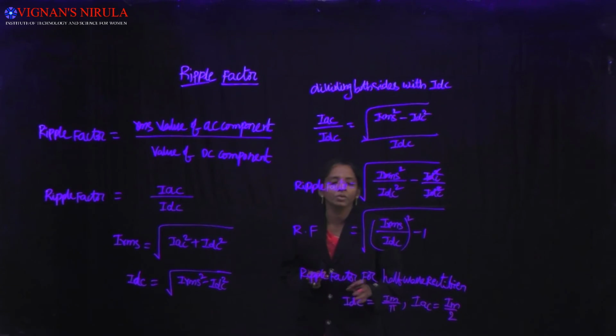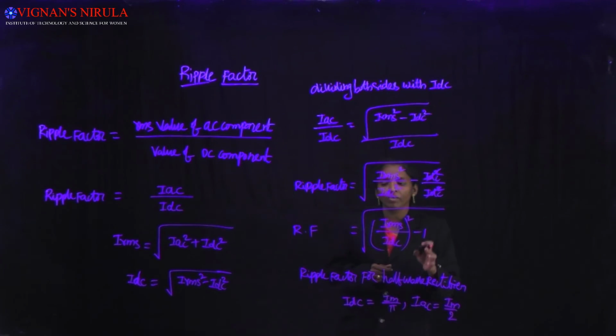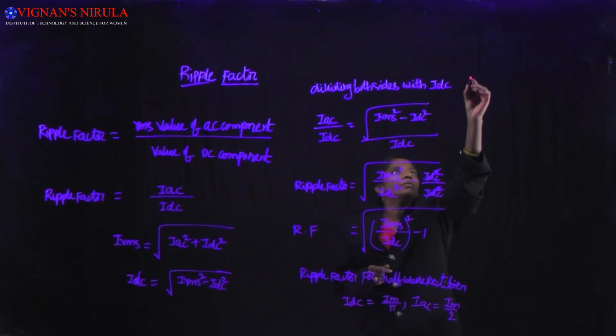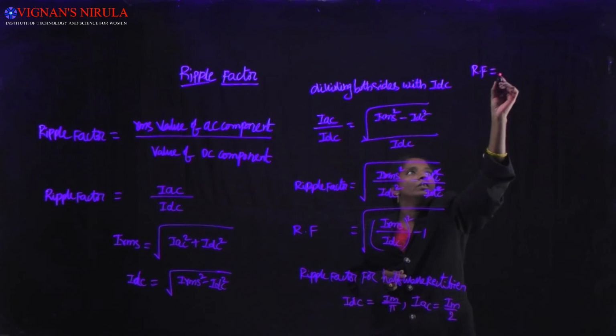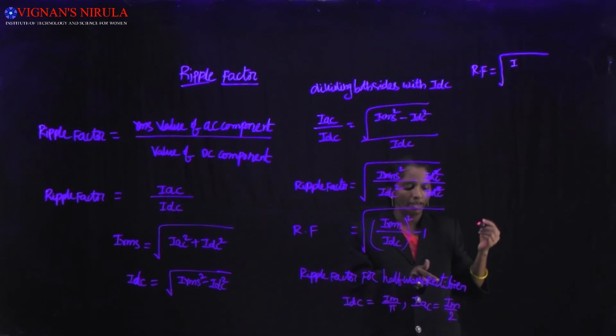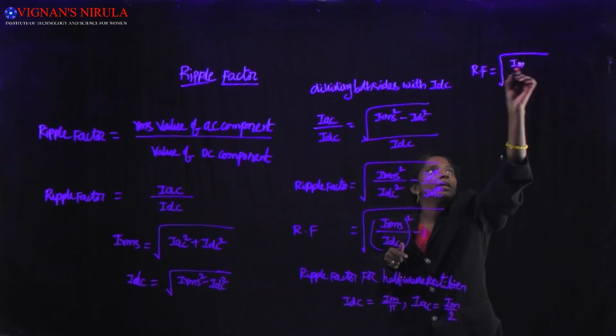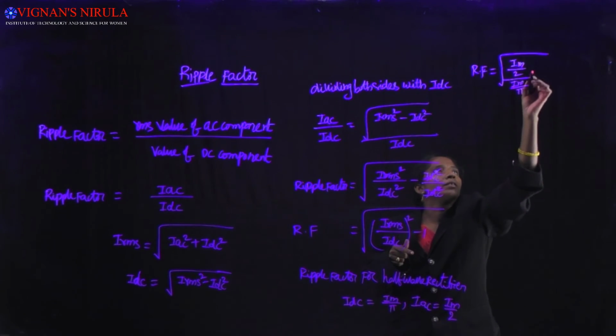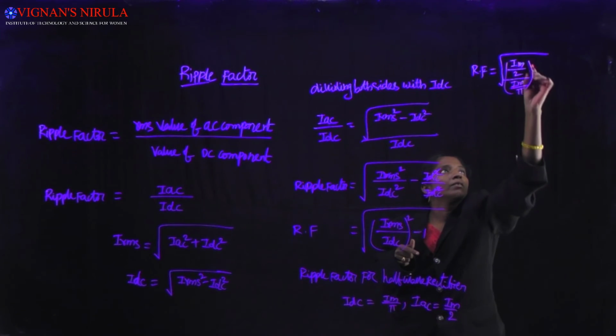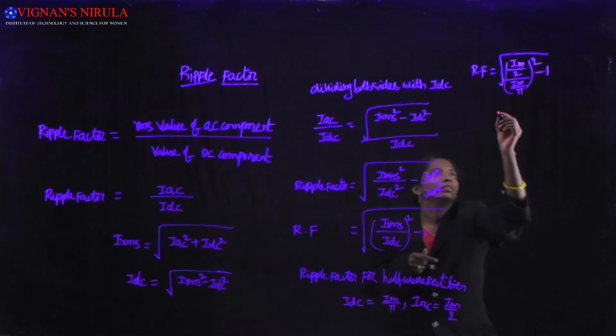Now substitute the values in the ripple factor equation. Then we get ripple factor equal to the square root of IM by 2 divided by IM by pi, whole square, minus 1.